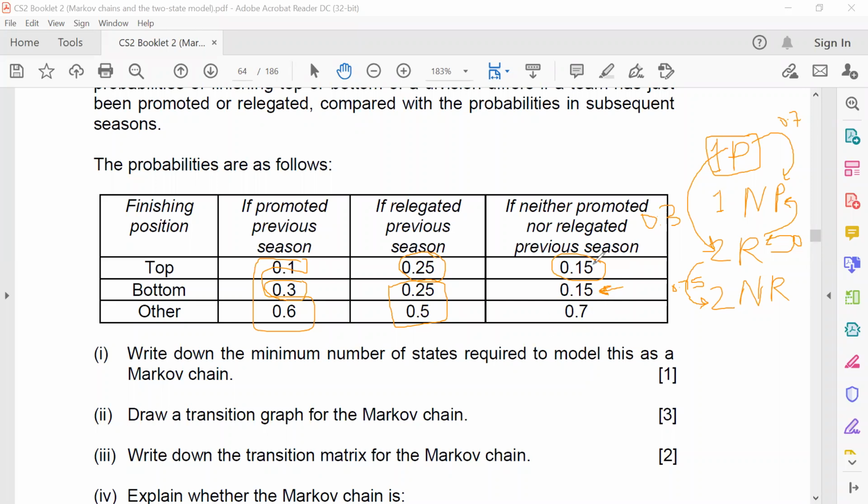Let us first talk about this 0.7. What does this 0.7 tell you? Ma'am, like Mihir said, we can't go from 2NR to 1NP and 2R. So it will be from 2NR to 2NR, and we'll add 0.7 and 0.15. Let me think about that. If you are in 2NR today, you're either starting in 2NR or you'll be starting in 1NR, right?